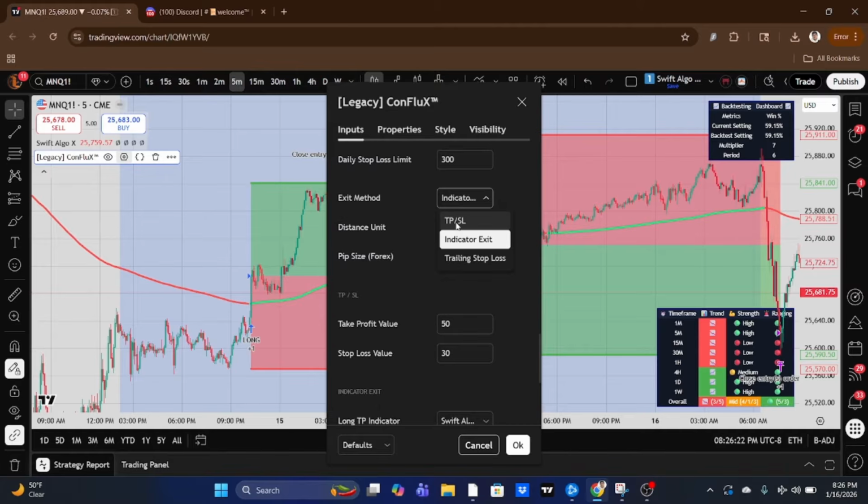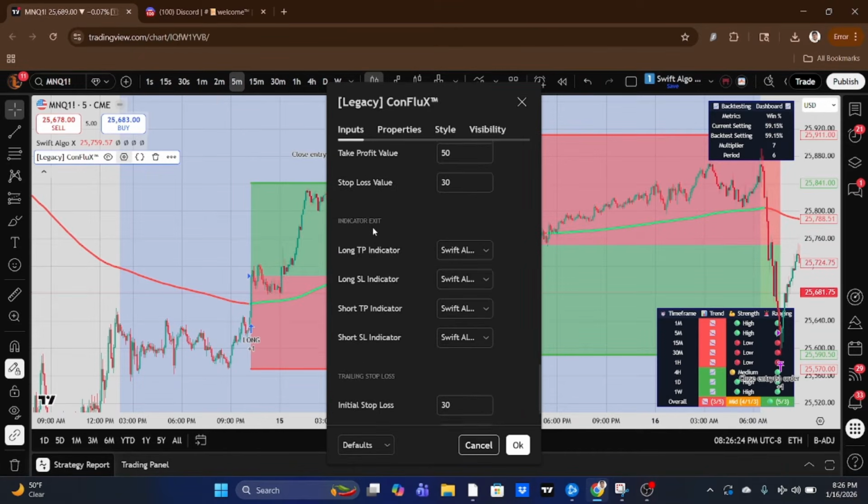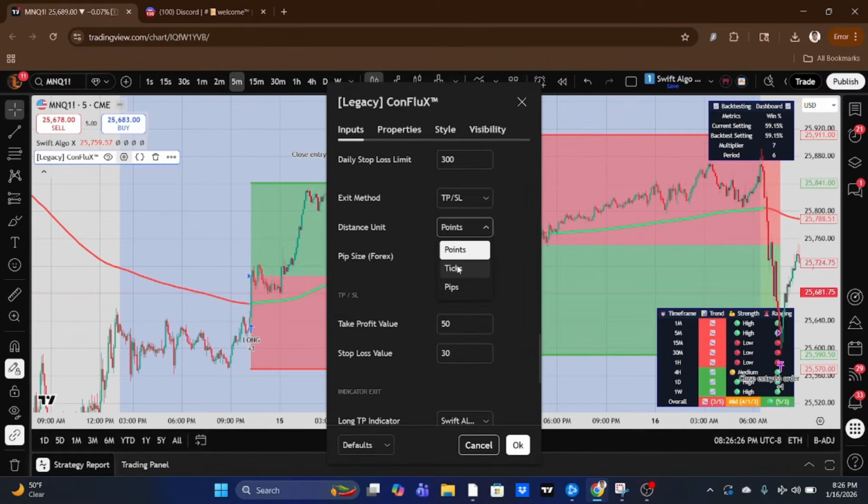Let's say if you want to choose take profit stop loss only, you can choose either points or ticks. If you're trading futures, or if you're trading pips, then you can choose pips right there. But let's say in this example, points. Take profit, stop loss, you can adjust. Let's say you want to do 100 points in take profit, and then stop loss value 50 points. That's completely up to you.